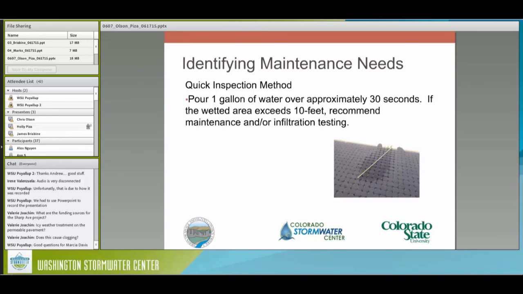So the really quick inspection method that we tell inspectors to do is keep a gallon jug in the car and pour a gallon of water on top of the pavement, and if the wetted area exceeds 10 feet, then it's maybe time to recommend maintenance or recommend more detailed infiltration testing such as the ASTM.